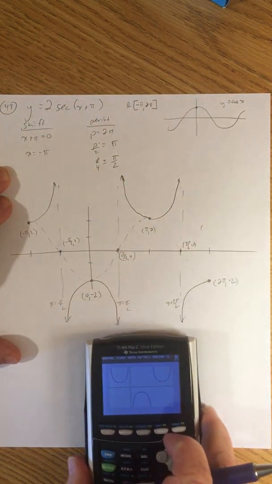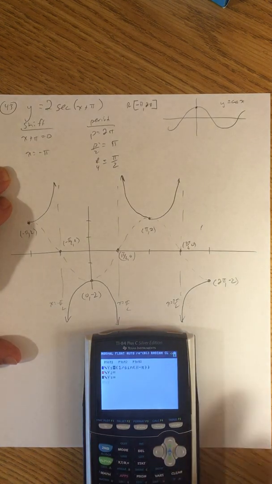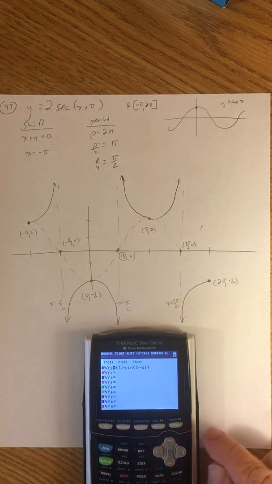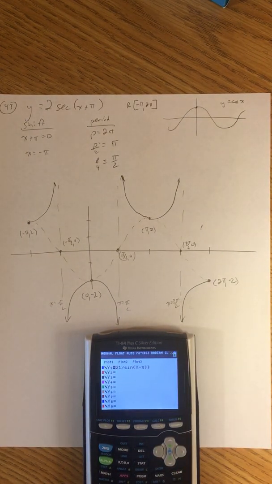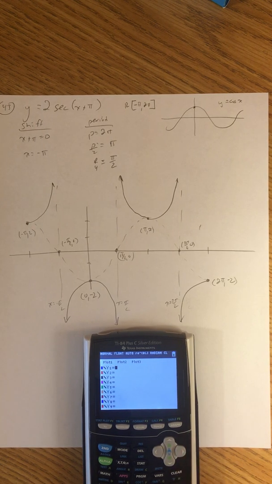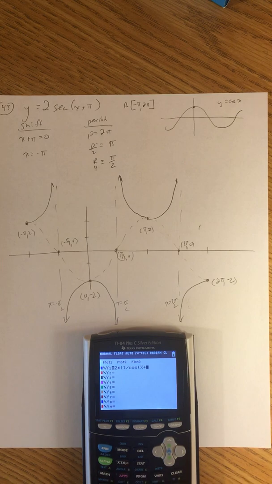All right, let's check by graph. This time we want 2 times, in parentheses, 1 divided by cosine of x plus pi.